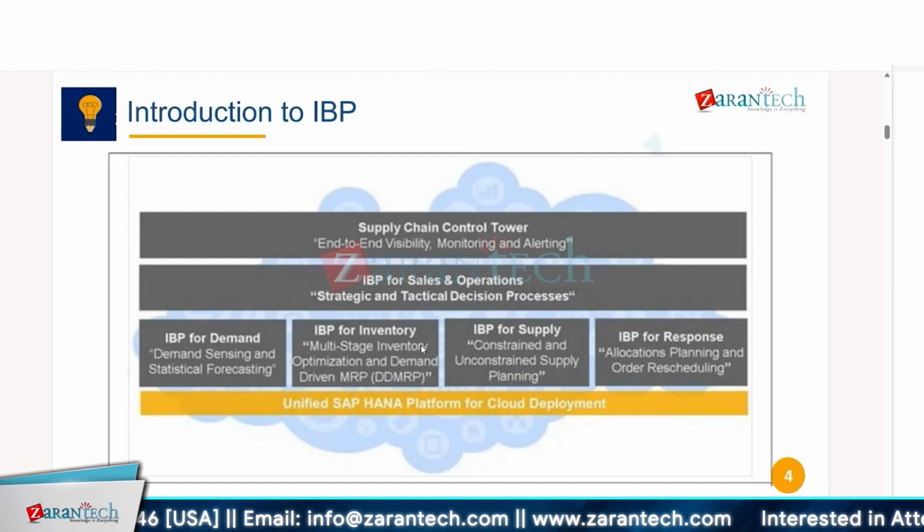The last thing, or the topmost thing that you see in this diagram, is the supply chain control tower. It is called the control tower because this is the place where all the processes are controlled by the top management. They have a kind of bird's eye view. They are getting inputs from all the processes that take place in the organization during the month, for a short term as well as for a long term basis.